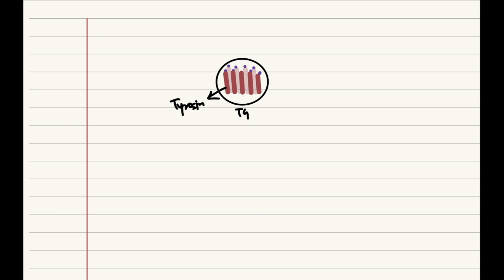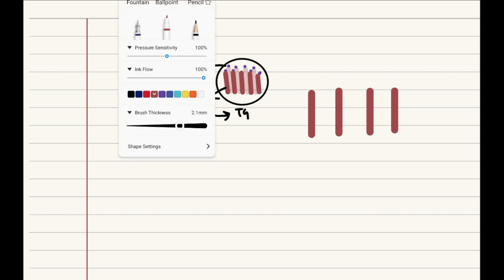After the attachment of iodine to the tyrosine residue, the coupling reaction occurs. On some tyrosine residues a single iodine attaches, and on some there is attachment of two iodine molecules.